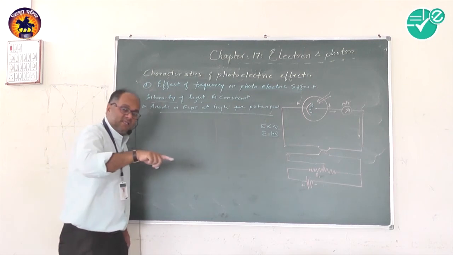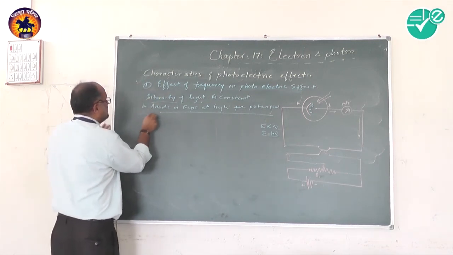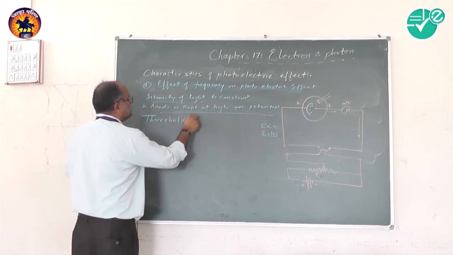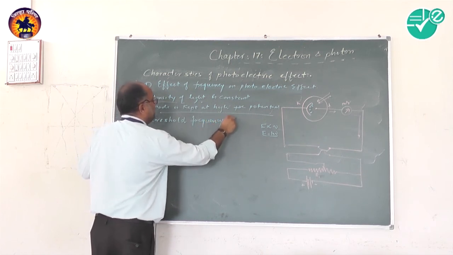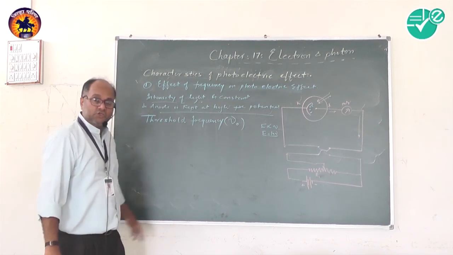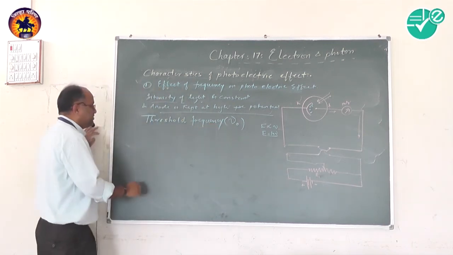And that frequency at which the emission of electron takes place is called the threshold frequency, and it is shown by nu zero. What is the threshold frequency definition?